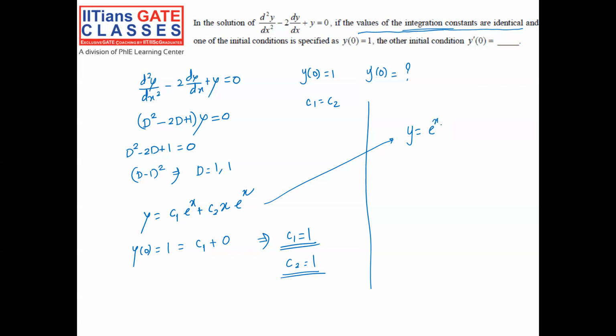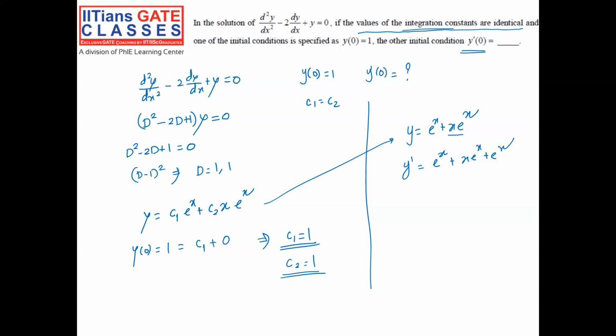e to the power x plus x e to the power x. And now we want to calculate the differentiation of it because they're asking y dash of 0. So in order to get y dash of 0, we should first know y dash of x, and that is equal to e to the power x plus x e to the power x plus e to the power x.